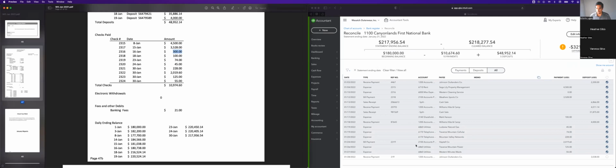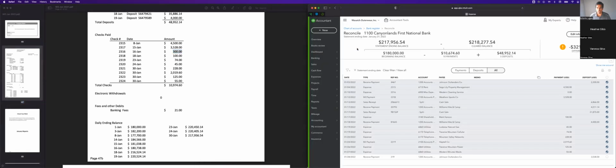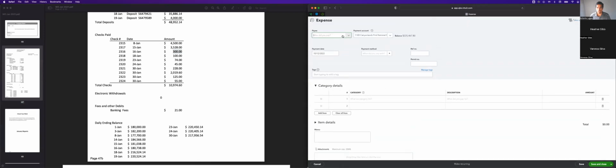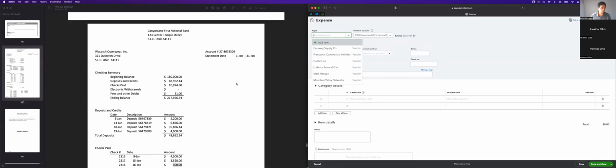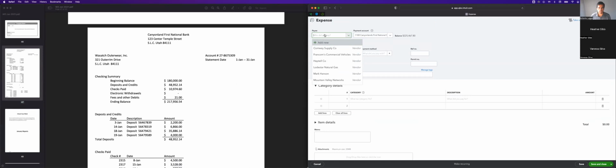And for the banking fees, we can just add a new expense. And the bank, I don't know what bank, our name. Do we have a Canyonlands? Yeah. Do you have a Canyonlands bank? All capitalized. We don't want to do that.